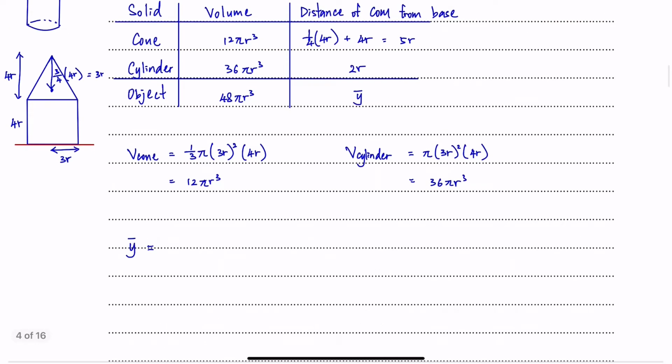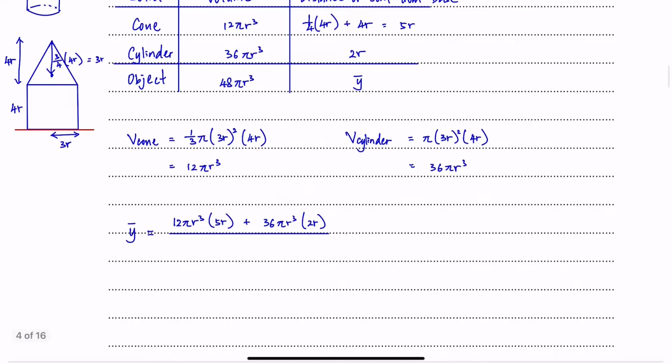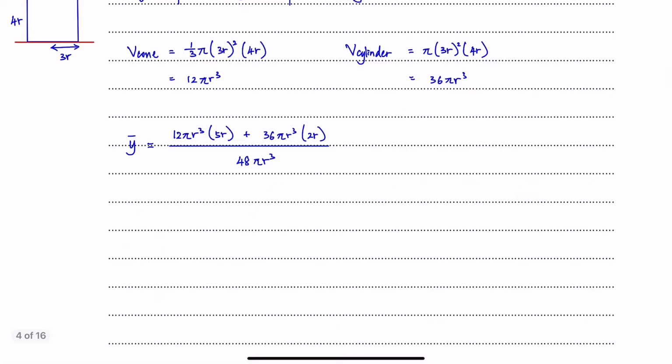We just take the volume of cone, which is 12 pi r cubed, times the distance of COM for the cone, which is 5r, plus volume of cylinder, 36 pi r cubed, times the distance of COM for cylinder, which is 2r. And then we divide it by the volume of the object, which is 48 pi r cubed. So we get 11/4 r.